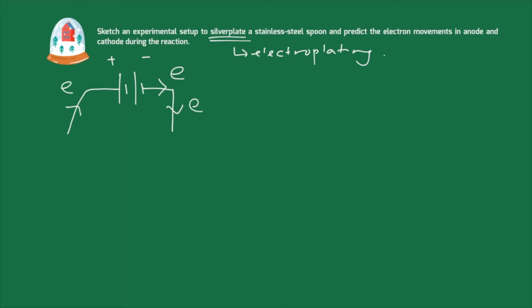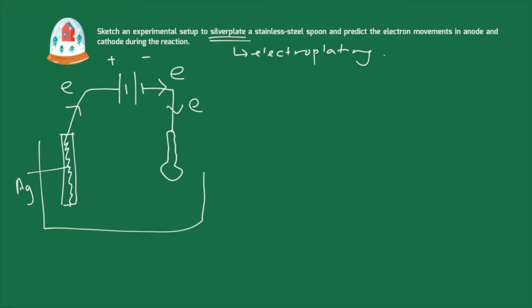So which one do you need to put? At the positive side, you should put your silver plate. Here you need to label the silver plate, and on the other side you need to draw your spoon. That is not all.